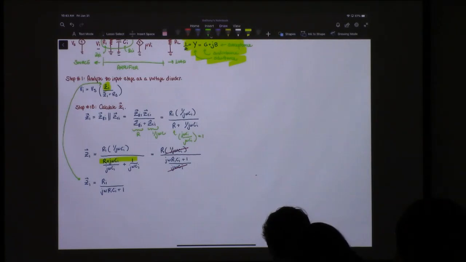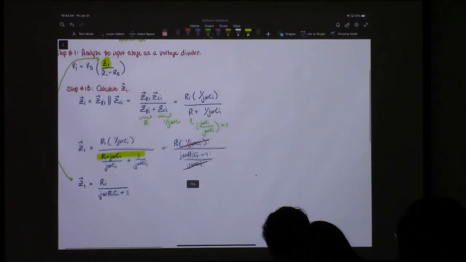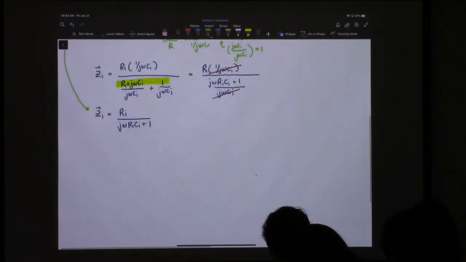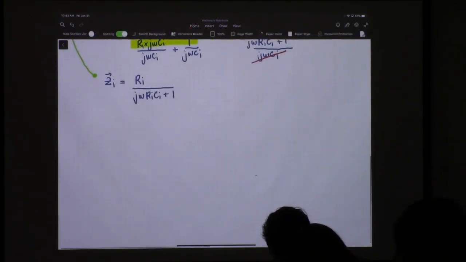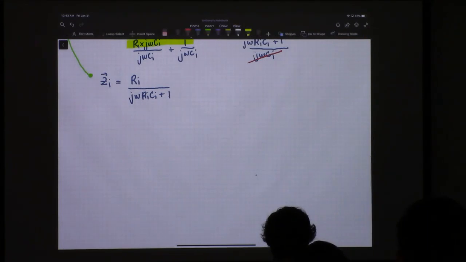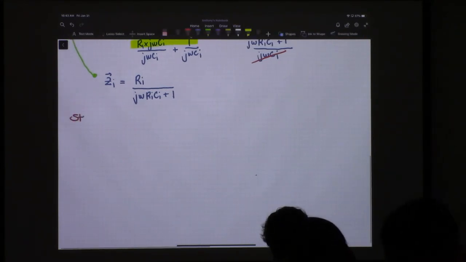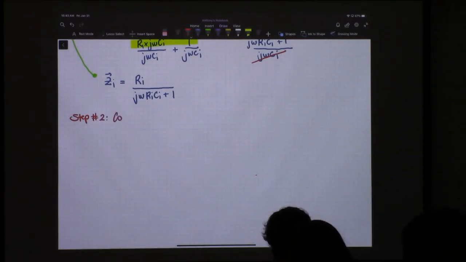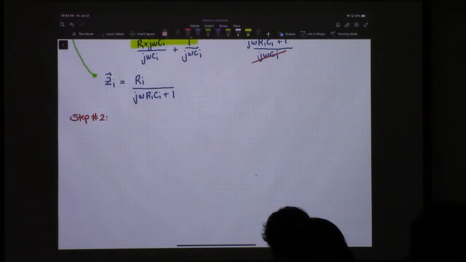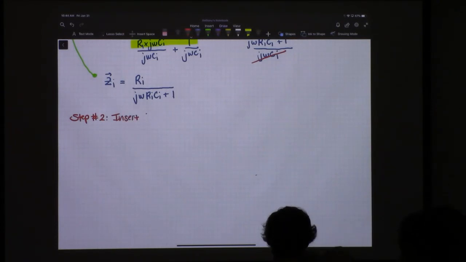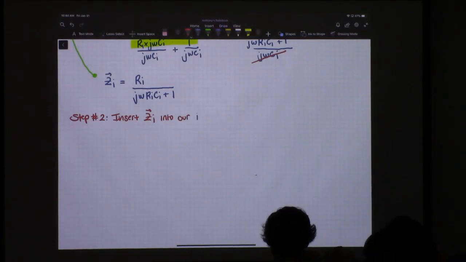So our second step is going to be to combine, or maybe the better way to put it is insert Zi into our input stage equation.